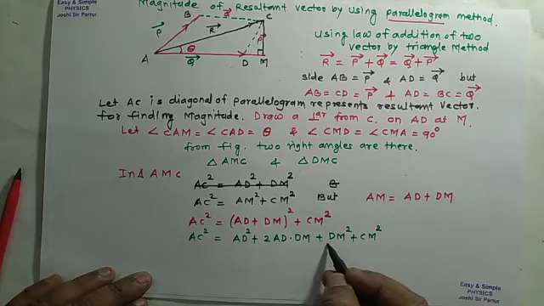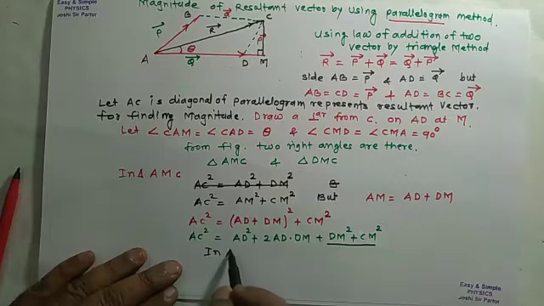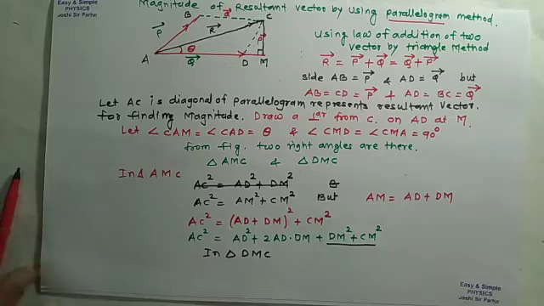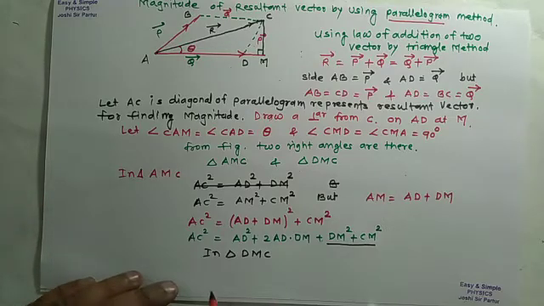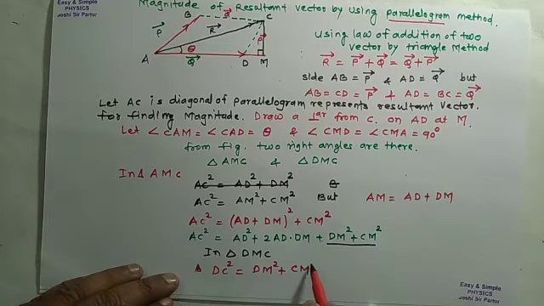Here DM square plus CM square: in triangle DMC, DC square is equal to DM square plus CM square.